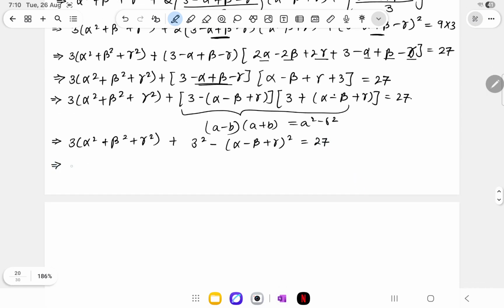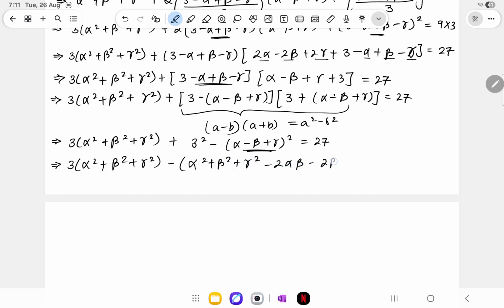If I simplify it further, I'll get 3 of alpha square plus beta square plus gamma square minus, opening this whole square, alpha square plus beta square plus gamma square minus 2 alpha beta minus 2 beta gamma plus 2 alpha gamma, minus 3 square 9, and my 9 minus 27 is basically 18.